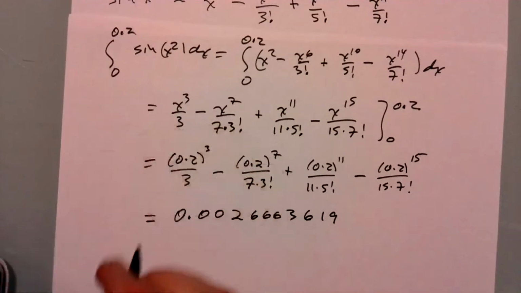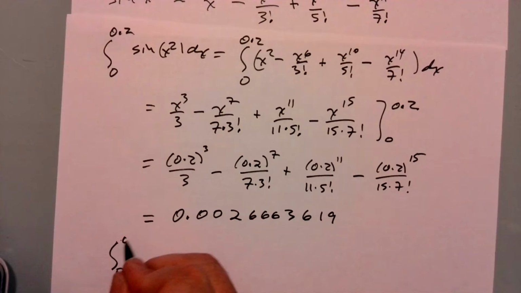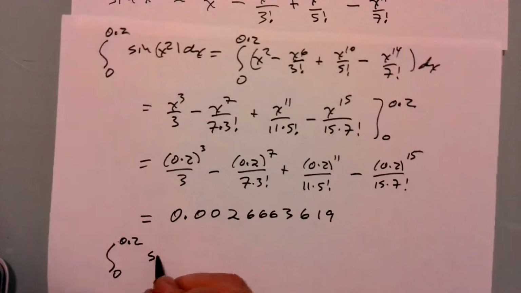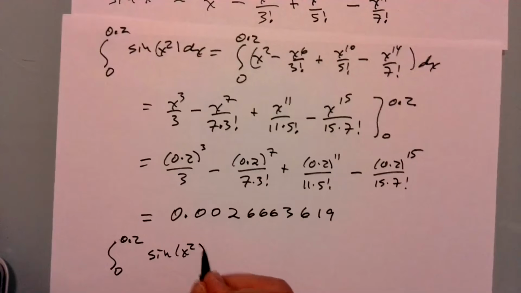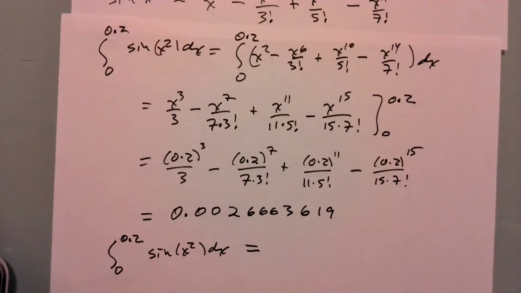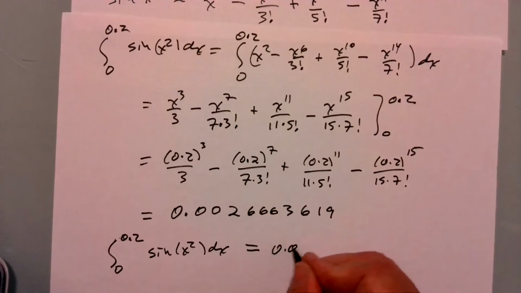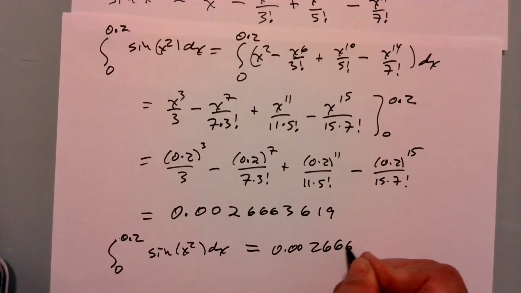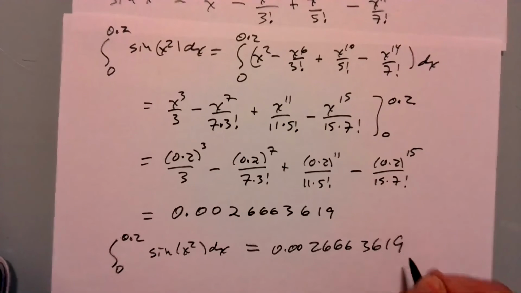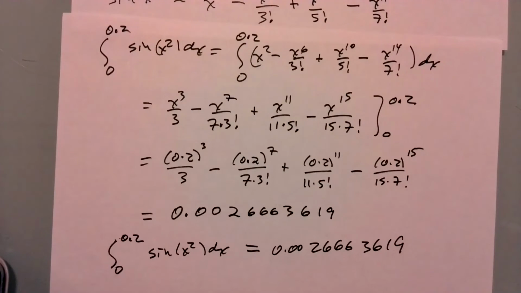When I actually do it on my calculator, the integral from 0 to 0.2 of sine x squared dx, making sure I am in radian mode, what do I get? I get 0.002666, exactly the same. Wow.